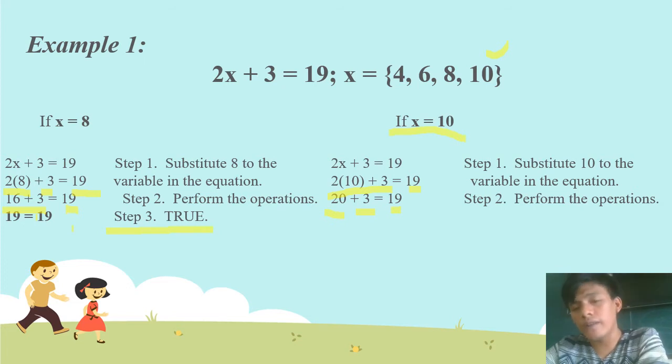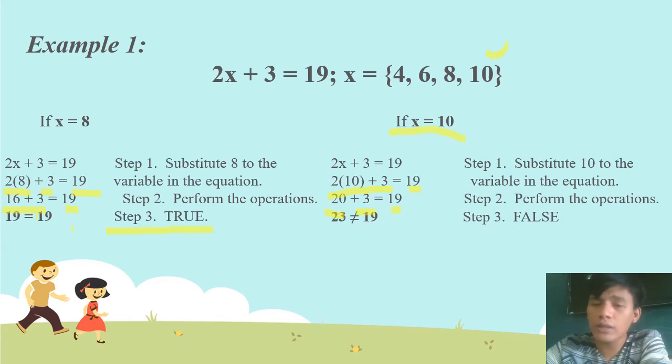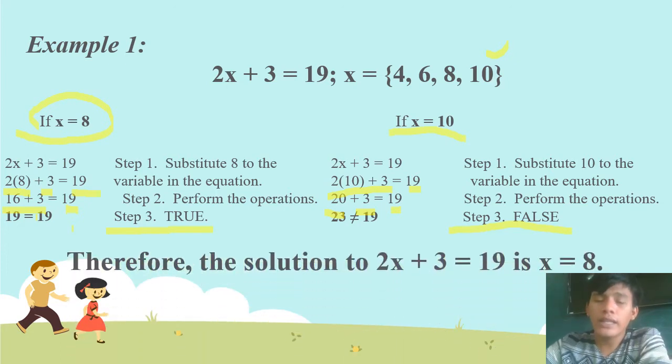Is it equal to the right side, which is 19? No, because 23 is not equal to 19. Therefore, it is false. Only x is equal to 8 is true. Therefore, the solution to 2x plus 3 equal to 19 is x is equal to 8. This will be the solution for the problem.